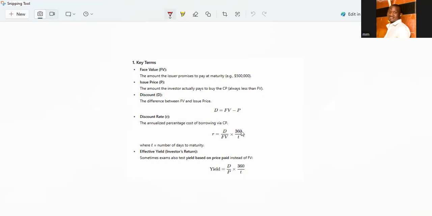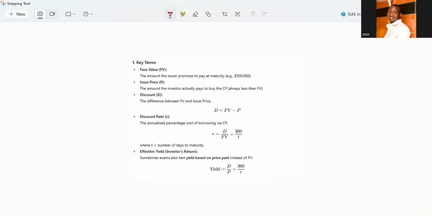Some books will use 365, but in this case it's 360. The effective yield, sometimes called the investor's return, is used to test the yield based on the price paid. So the yield is given by D over P times 360 over time.